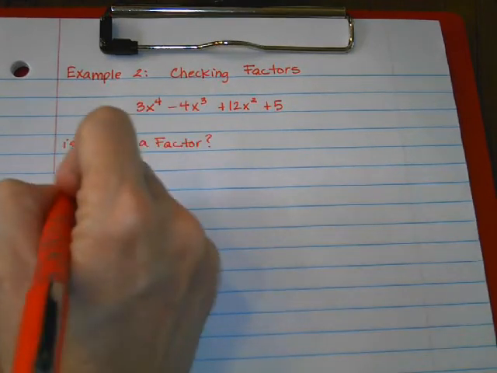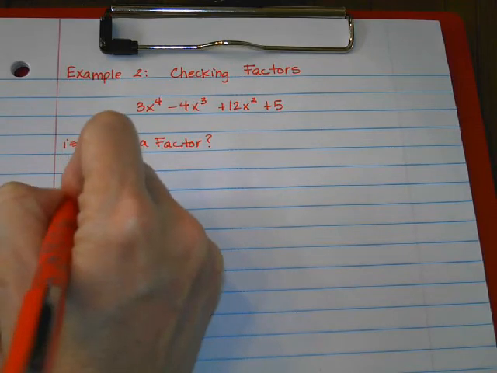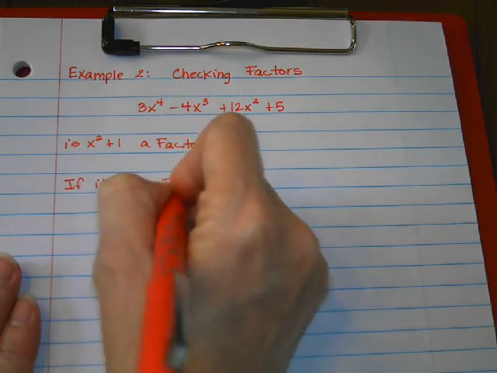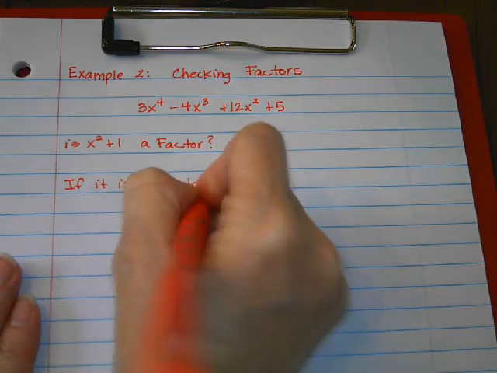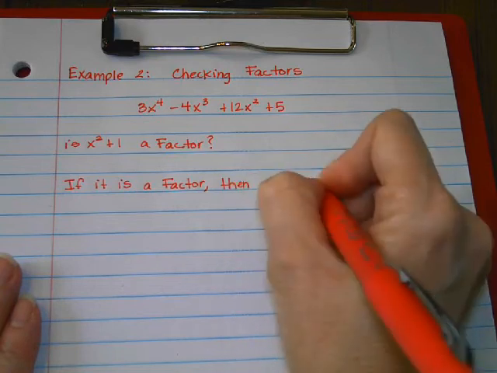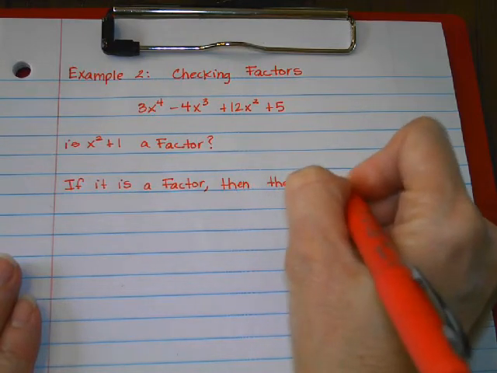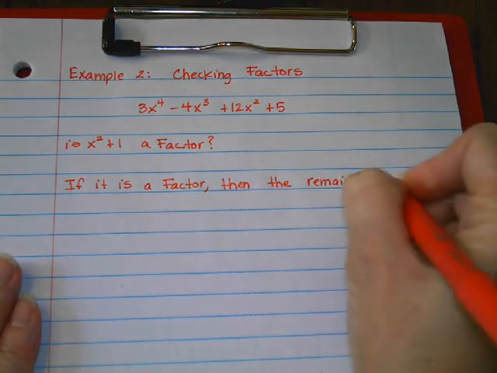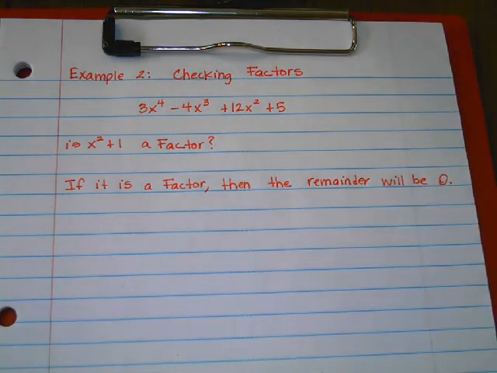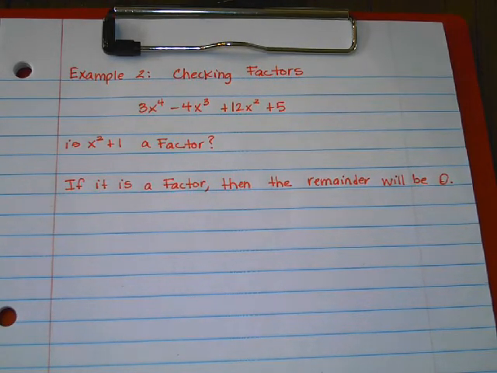So if it is a factor, then the remainder will be 0. That's how you will know if what you're dividing by, or your divisor, is a factor of your dividend: if the remainder will be a 0.